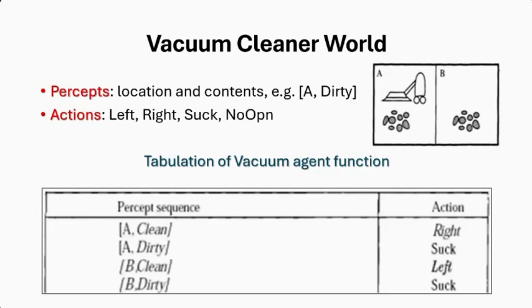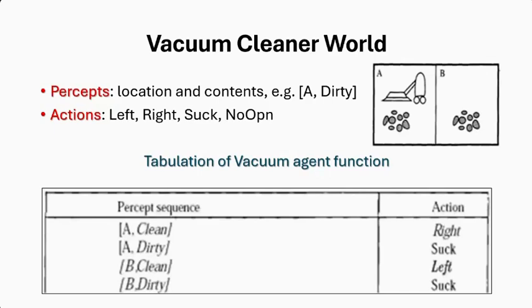Ang pwede niyang gawin ay mag-percept at mag-take ng actions. Location, content, kung meron bang sa option sequence niya ay merong dapat una, okay, clean, and find out if there is dust or dirty area. So yun basically ang gagawin ni vacuum. Nakatutok lang yung kanyang program para doon sa mga may kalat at dumi o alikabok, di ba?